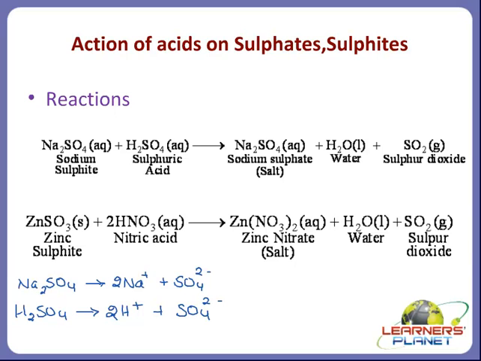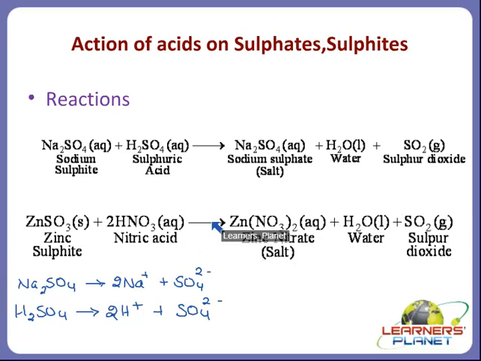So what will happen here is that sodium will again combine with sulfate, and from one of the sulfates, what will be released is sulfur dioxide gas. What will happen to hydrogen? It will form water, right students? So this is the reaction of sodium sulfate with sulfuric acid, giving sodium sulfate again, water and sulfur dioxide.